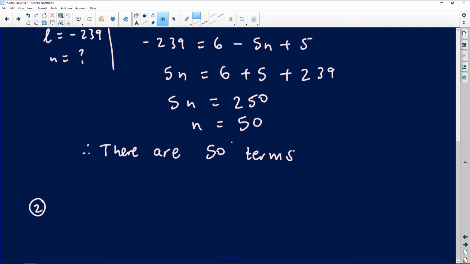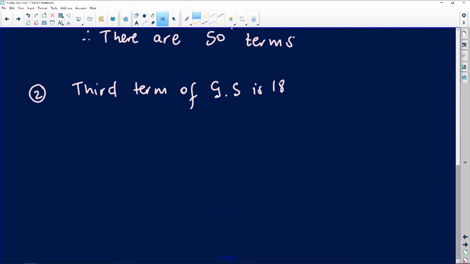The third term of a geometric sequence is 18, and the fifth term is 162.